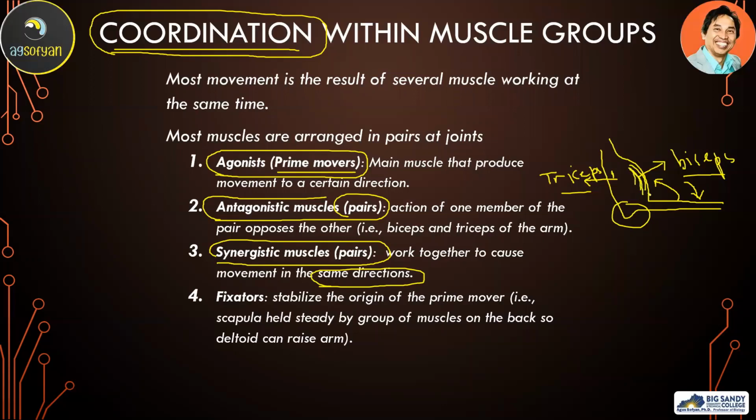There is another muscle that is also needed to perform this contraction. So these two muscles perform contraction to move our body or part of our body in the same direction. And this is what we call the synergistic muscle.